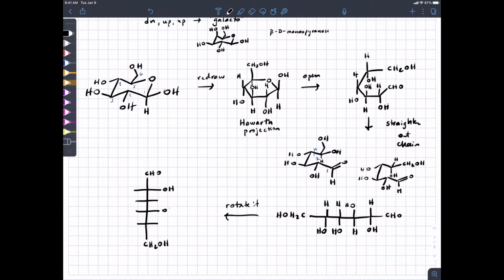OH here, here, here, OH there. And if you go look in your text, this is the structure of D-glucose, and this is its so-called Fischer projection.